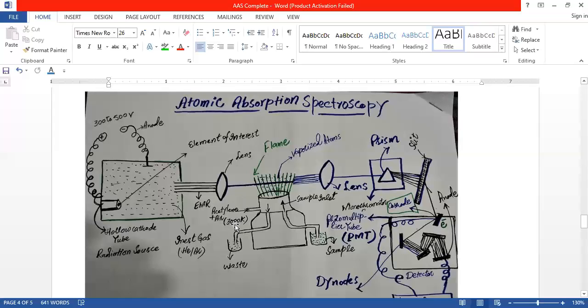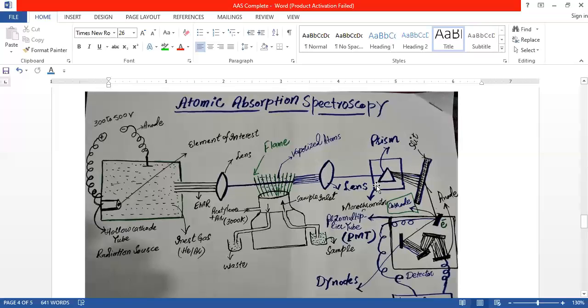After that, some electromagnetic radiation will be absorbed by these vaporized atoms, and the remaining electromagnetic radiation will go further. Apart from that, light from this flame will also go, and the lens will again focus the electromagnetic radiation towards the monochromator.